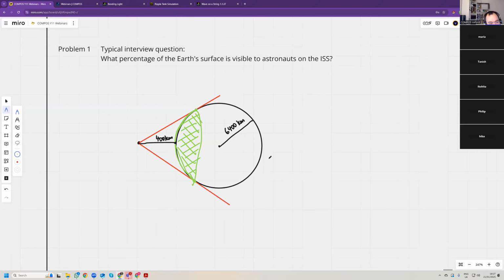I'll draw a line to the middle. So that's the radius of the Earth, 6,400, and this is r plus h.